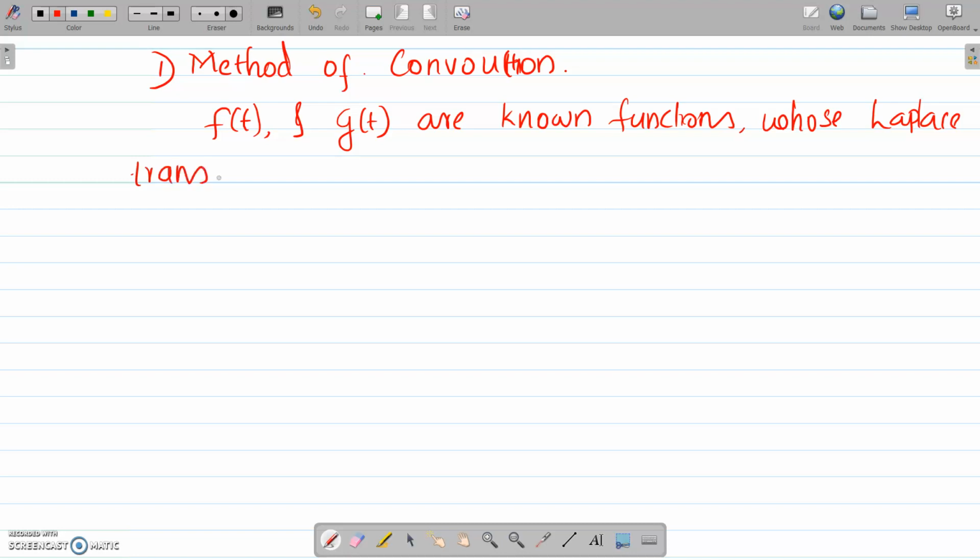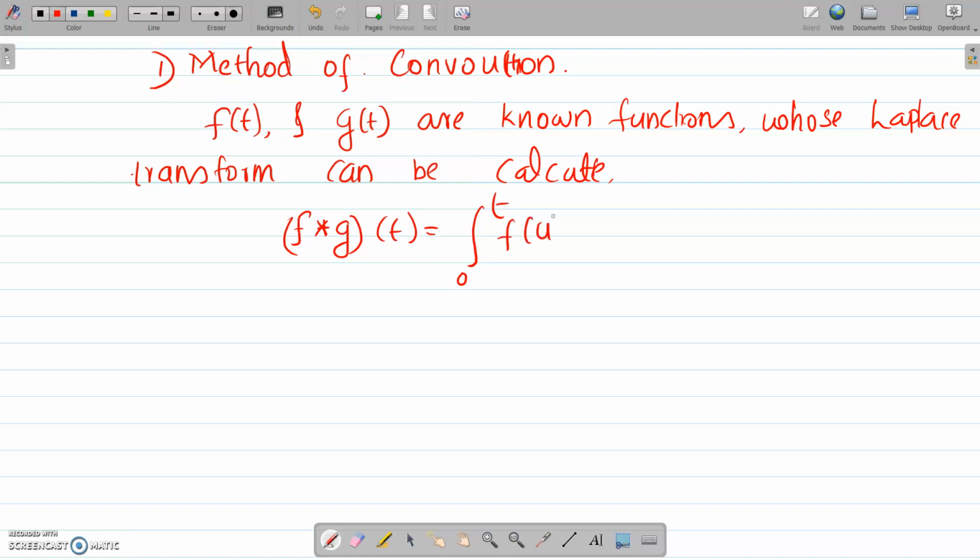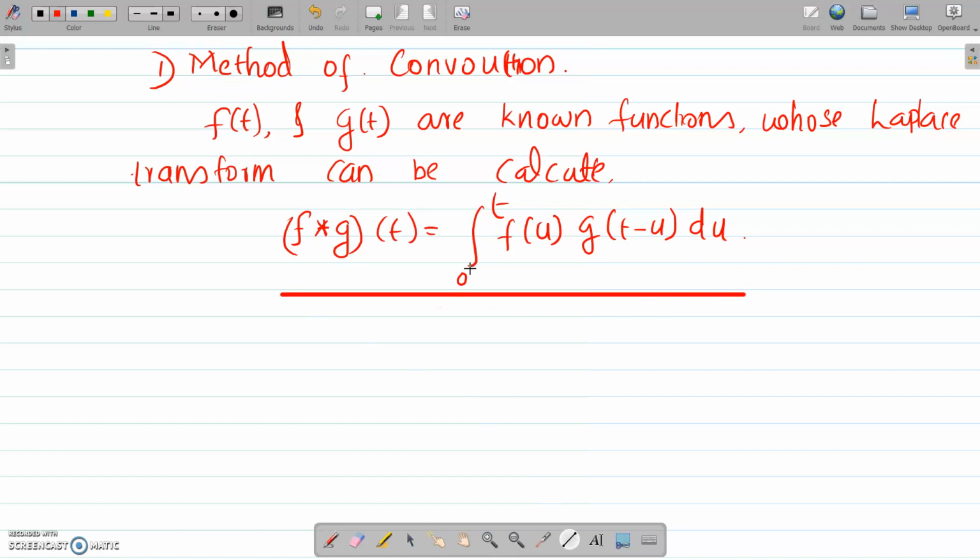Then the convolution definition is given by f star g of t is equal to the integral from 0 to t of f of u into g of t minus u du. That is, f star g of t equals the integral 0 to t of f of u into g of t minus u du.